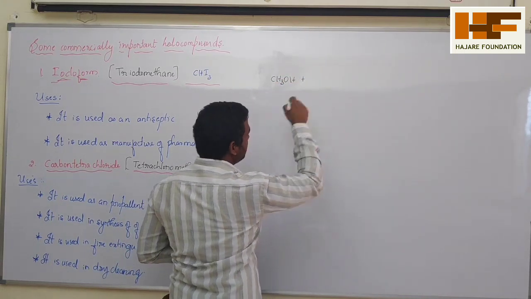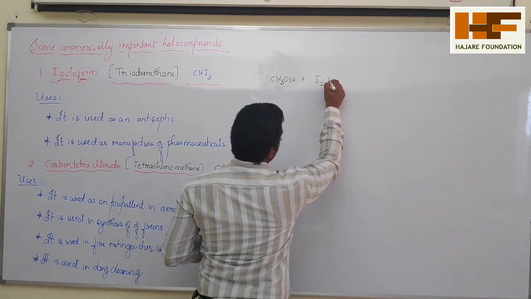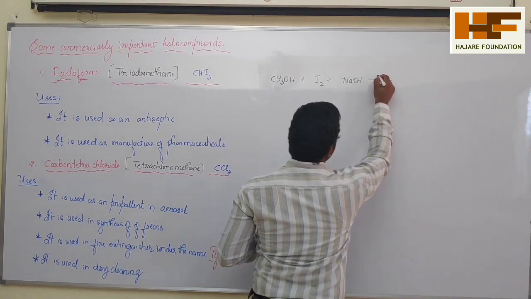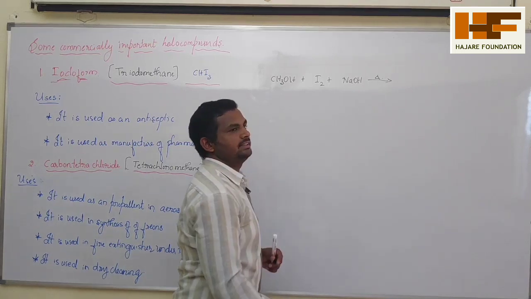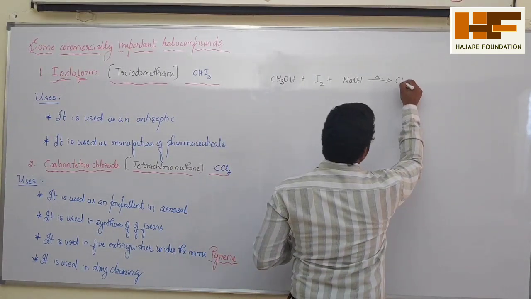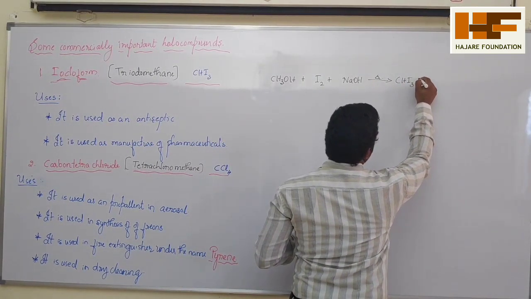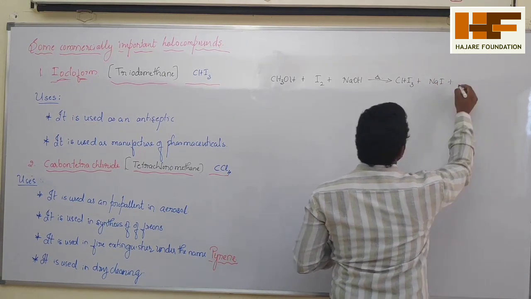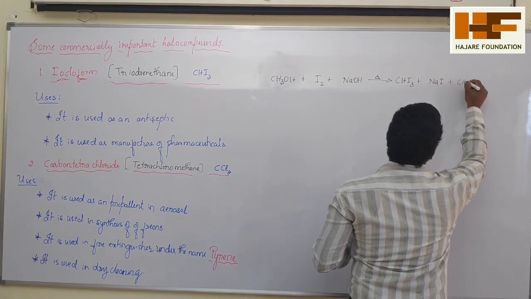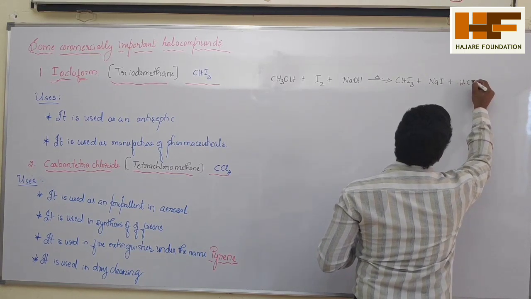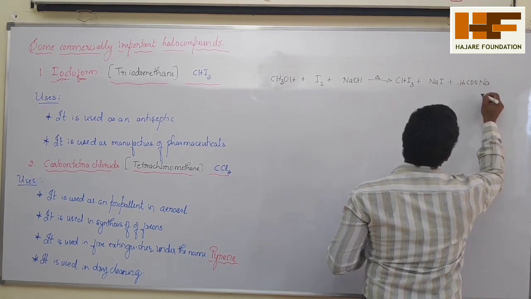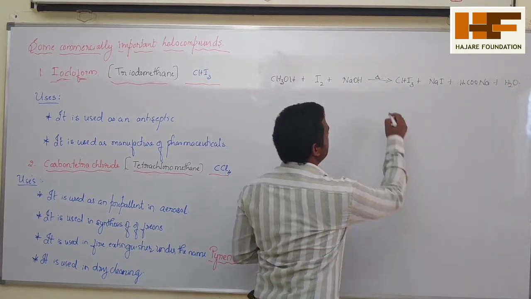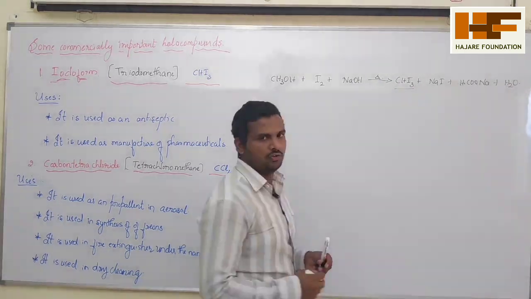When it is treated with iodine along with NaOH and heated, there is a formation of CHI3, NaI plus HCOONa plus H2O. This is the formation of iodoform.